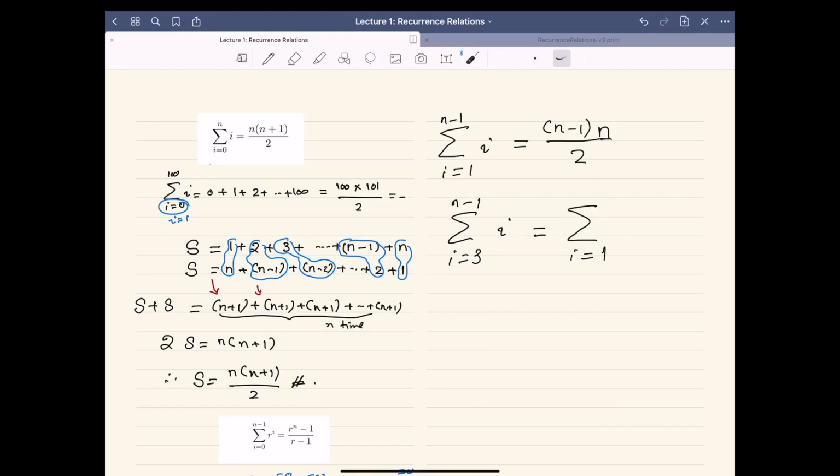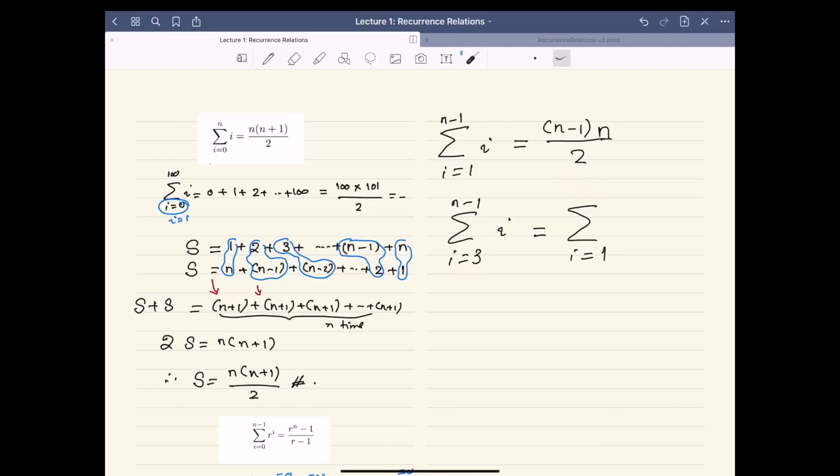The number of terms that we are going to have here should be the same. This one starts from 3 and terminates at n minus 1. The number of terms we add should be exactly the same as if we start from 1 up to some value, and we have to see what that value is. Let's go for the initial value first.